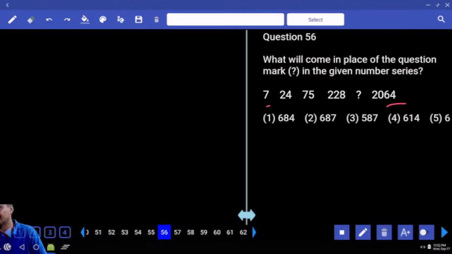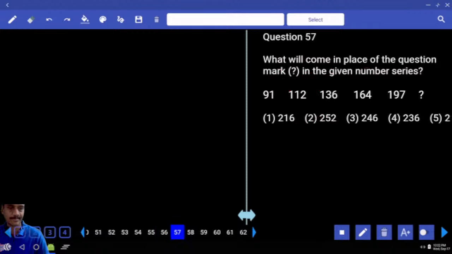Hence it must be product or combination rather than difference. 7 into 3 plus 3, 24 into 3 plus 3, 75 into 3 plus 3, 228 into 3 plus 3, 8 into 3, 24 plus 3, 27. Now what is the number we have? 687 choice, into 3 plus 3.